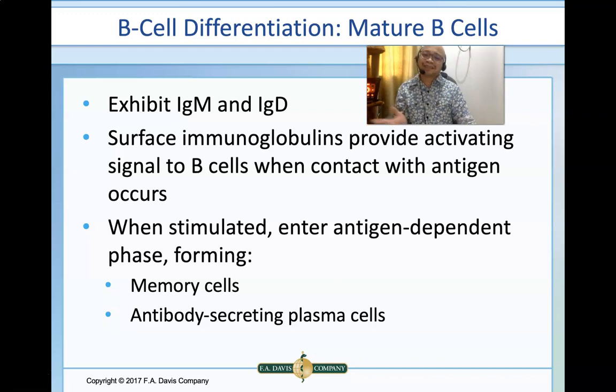Okay, so when stimulated, they enter the so-called antigen-dependent phase. From the antigen-independent phase, we are now at the antigen-dependent phase. So the antigen-dependent phase involves the formation of memory cells and antibody-secreting plasma cells.